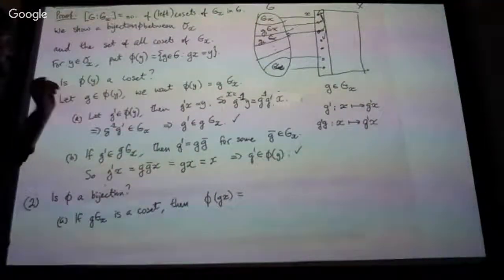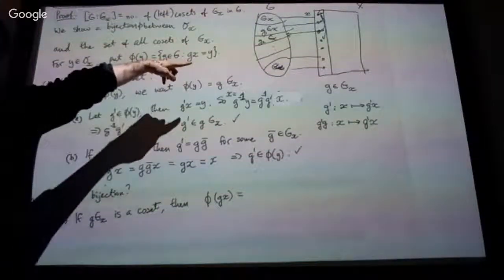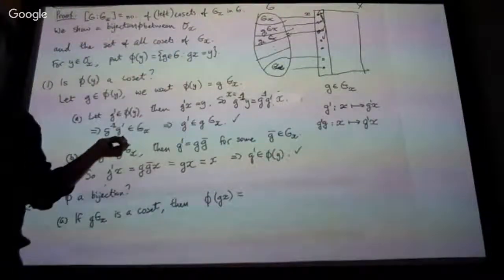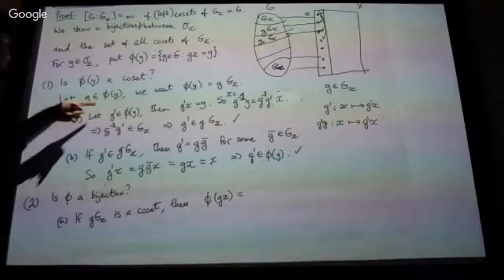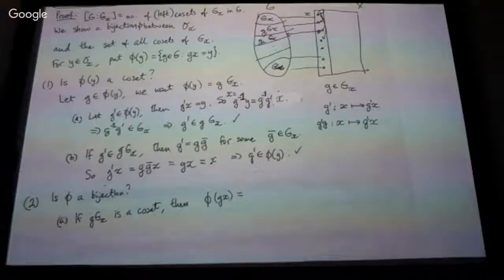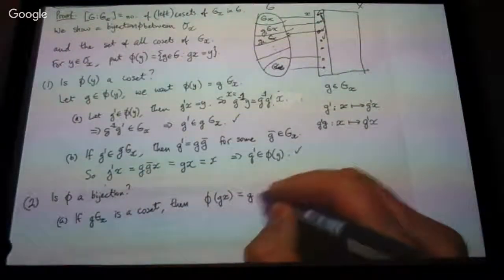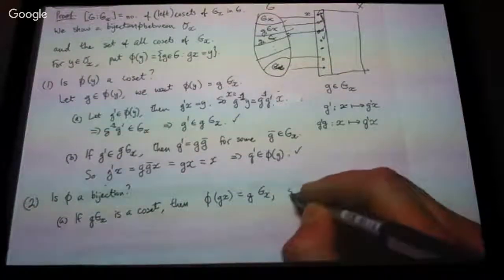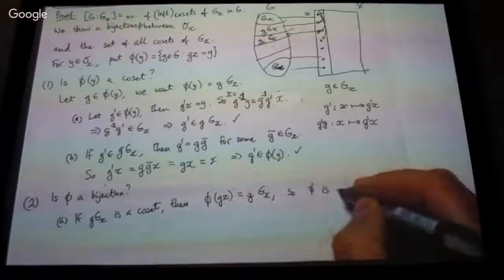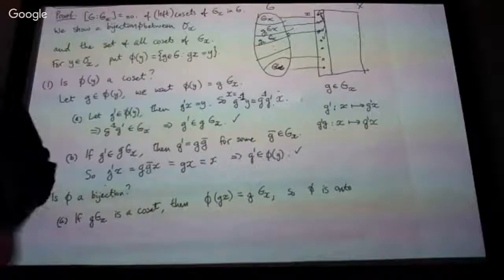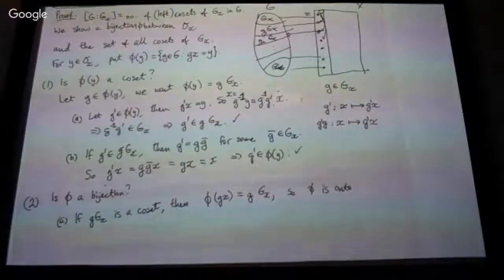So it is one of these sets that contains G, and we already know it's a coset, so it can't be anything else than the coset of G.